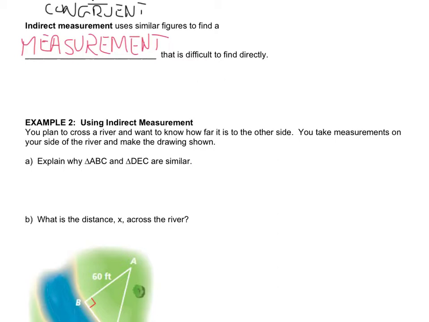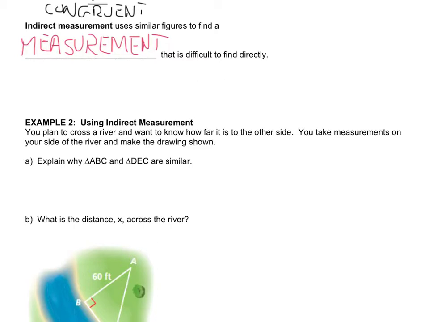For example, if I wanted to find the measurement of a building, I could use some shadows to create some smaller triangles to help find the height or estimate the height of the bigger shape that I can't actually measure. So indirect measurement is trying to find measurements of things, or at least estimates of measurements of things, that I can't just go ahead and measure really easily.